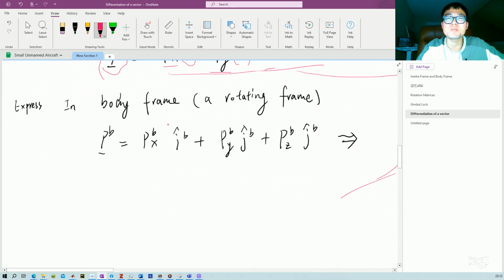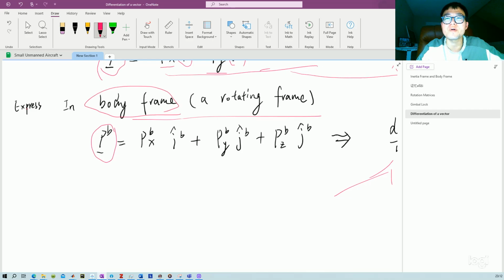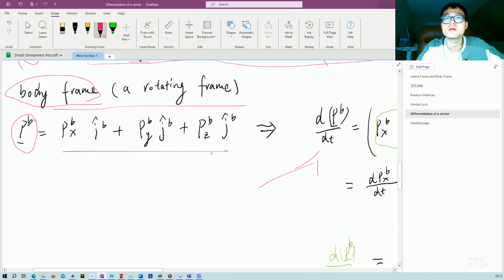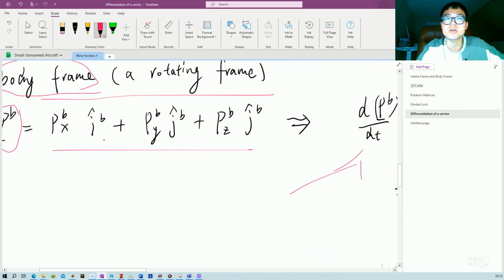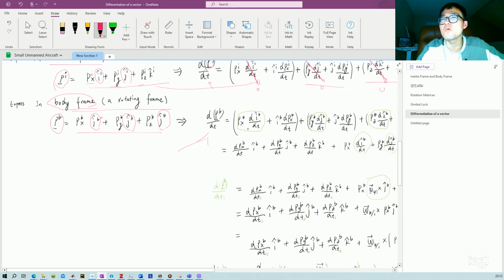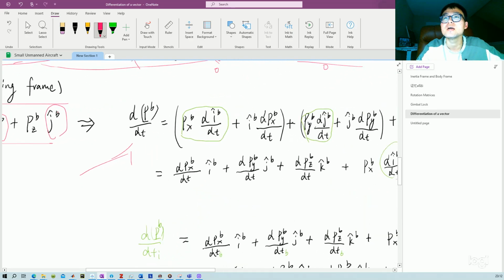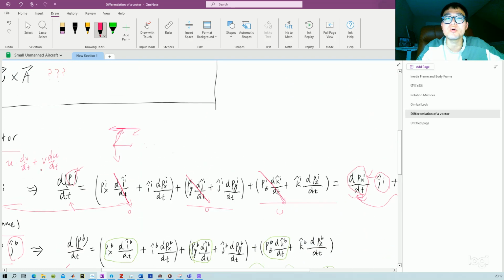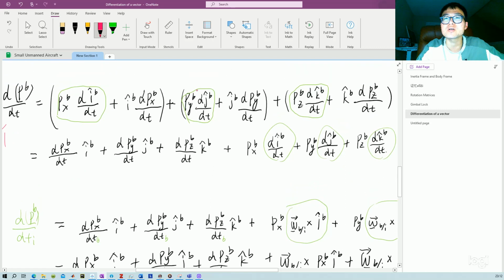While this one becomes a little bit tricky, if we have this vector expressed in the body frame, which is a rotating frame, it's still the projection but onto the body frame, so these unit vectors are a little bit different. It's the unit vector of the body frame, and when we take that time derivative, the same rule applies, and we can write it like that.